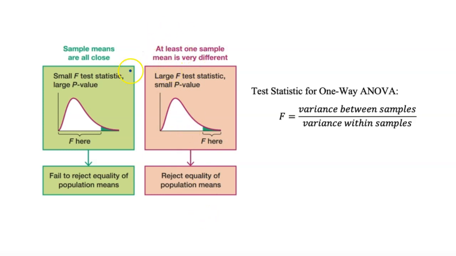And this is important here. If my null hypothesis is that all of my sample means are the same or very close, then I don't need all of these sample means to be different to have an alternative hypothesis. All I'm saying is that at least one of these sample means is different. And so this concludes the summary of one-way ANOVA testing.